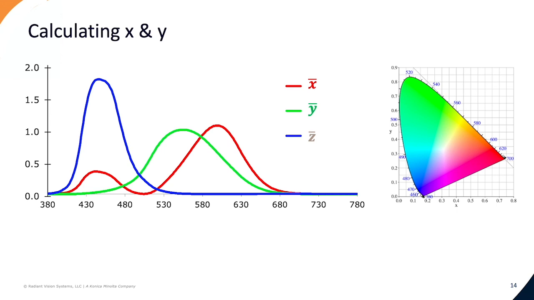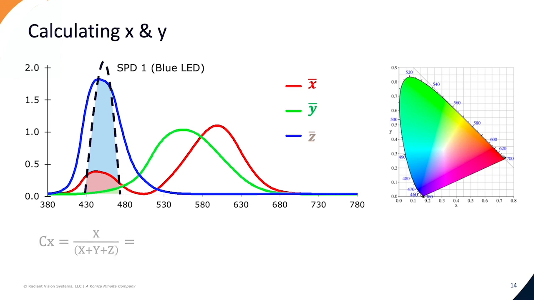Now let's look at an example which is closer to displays, a blue LED. The spectral power distribution for this blue LED example is very narrow, with emission only in the blue region of the visible spectrum. Following the same steps as before results in a small chromaticity X value and an even smaller chromaticity Y value.